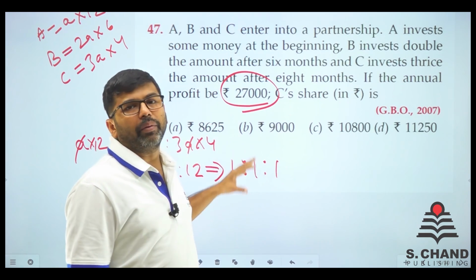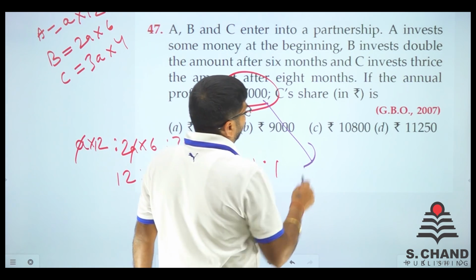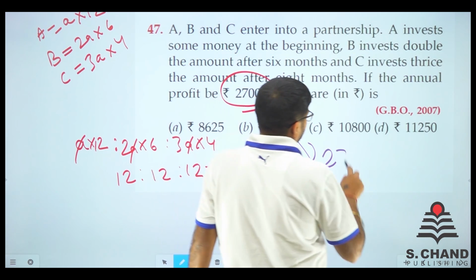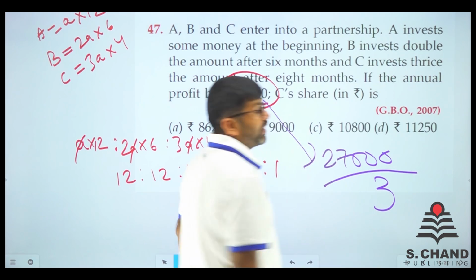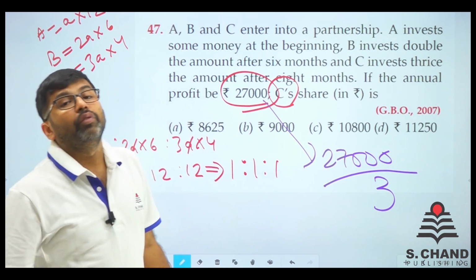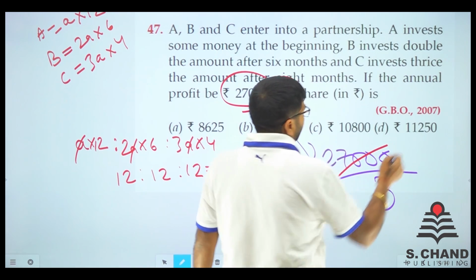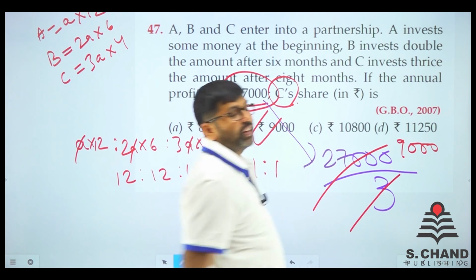So 27,000 will be divided into 3 equal parts, because there are 3 partners. So C's share will be as equal as B's share and A's share, and that will be 27,000 divided by 3, that is 9,000, and that is the answer, my dear friend.